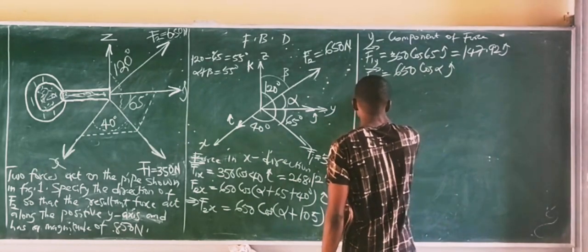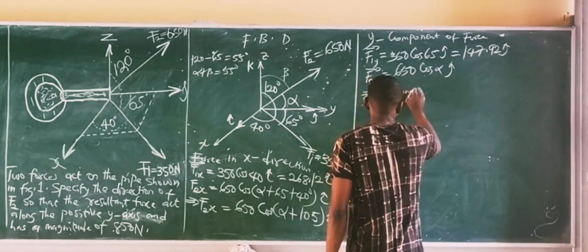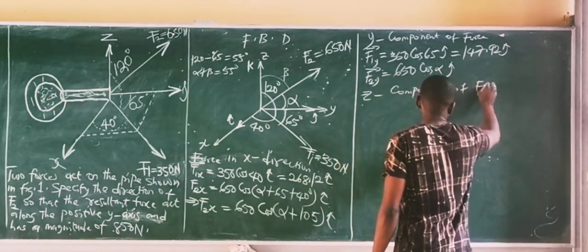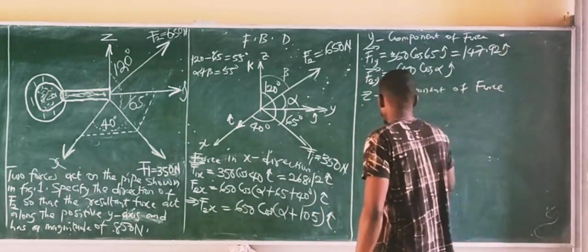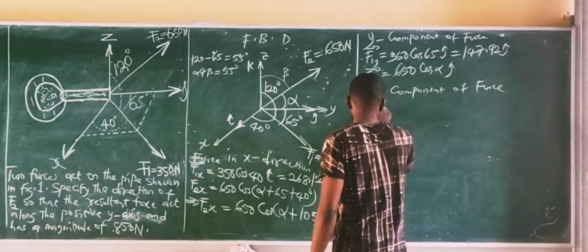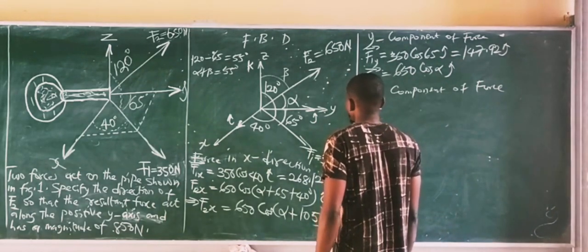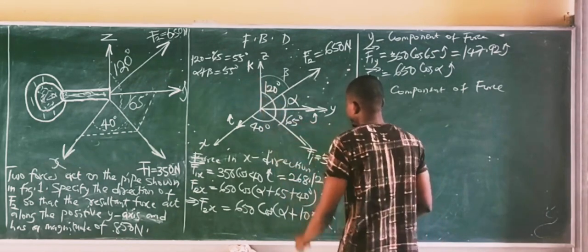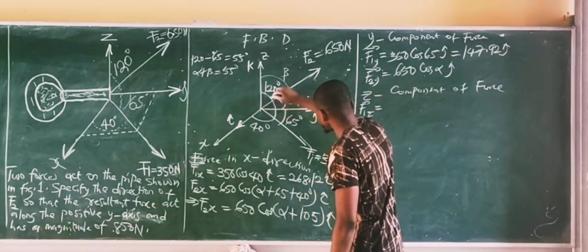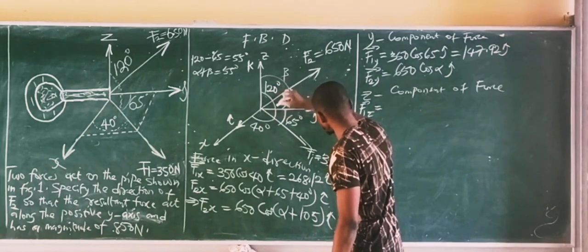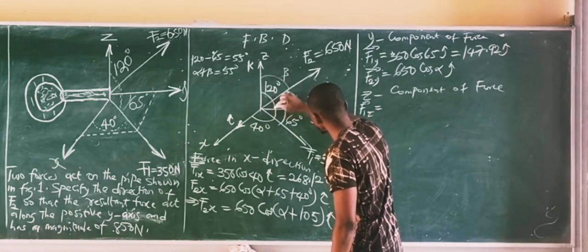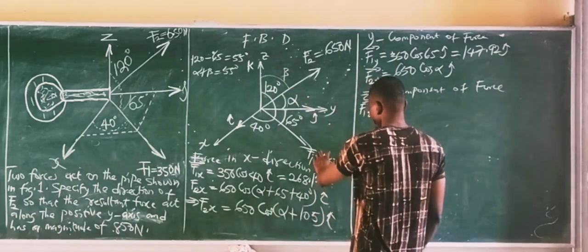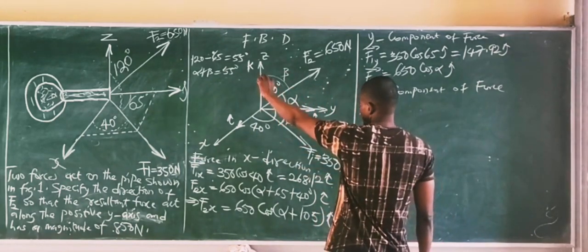Finally, find the z component of force. Okay, still the same thing. F1z, resolve F1 in the z direction. We hold F1, pull it to the z line. Remember, the angle between F1 and the z line is actually 120 degrees. That's from this point to this point. So you multiply the force by the cosine of the angle it passes through.